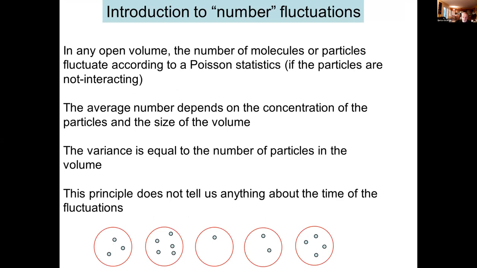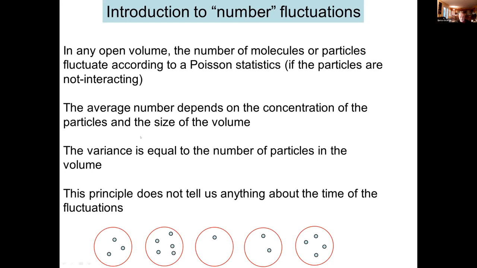And this is due to a very basic principle of thermodynamics. So the average number that we have, of course, depends on the total concentration. So the more molecules are concentrated, the larger will be the average number in a given volume. And of course, the size of the volume. So if you have a large volume, you will have more particles and so on.